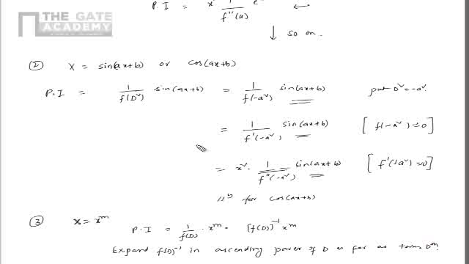Okay, so these are basically the three rules for finding the particular integral. Whereas the general rule is like this.